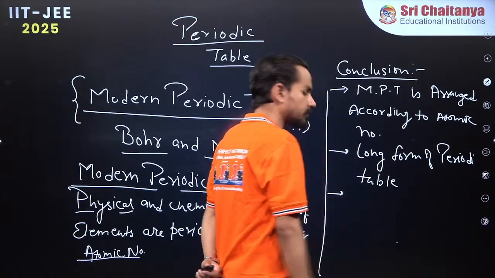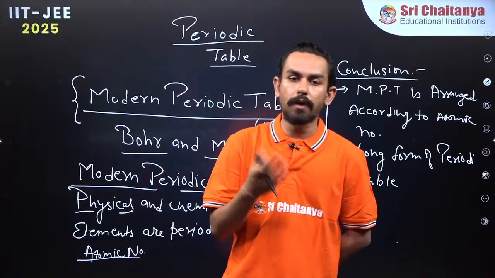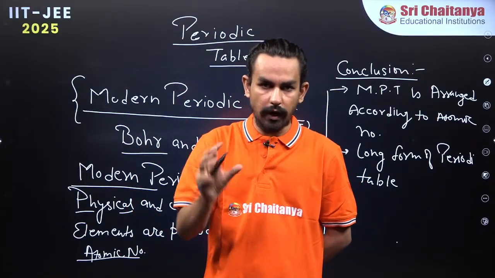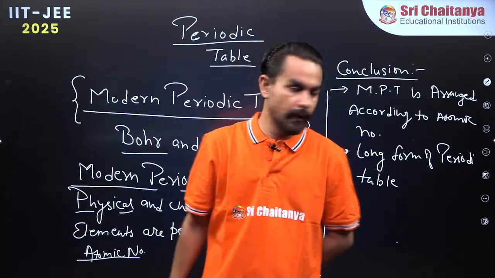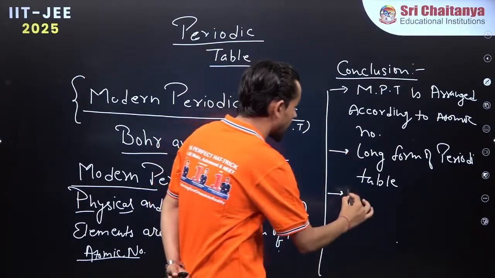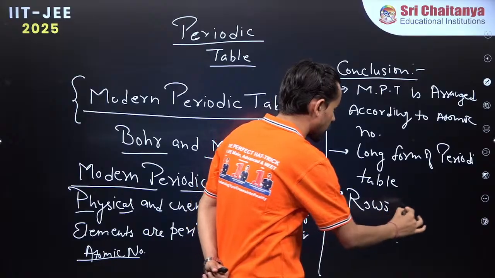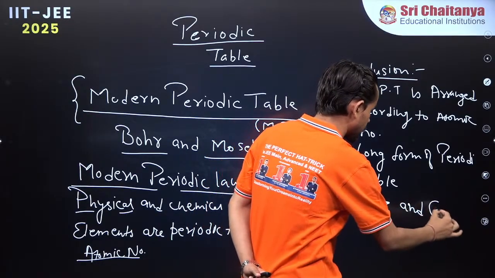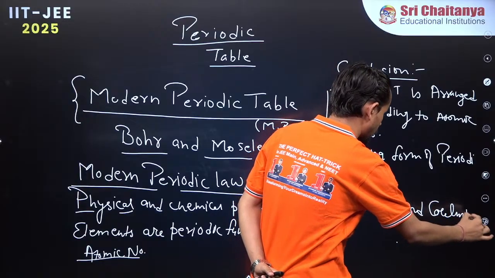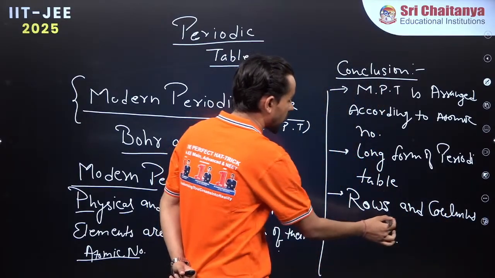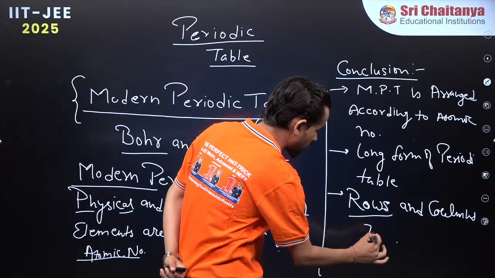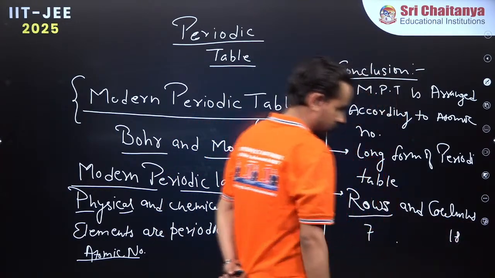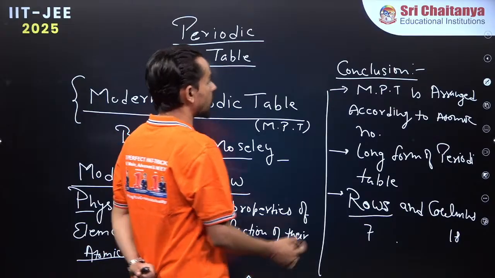Apart from that, this periodic table is formed of rows and columns. Rows are the horizontal things and columns are the vertical things. How many rows are there? 7 rows. And how many columns? 18 columns.